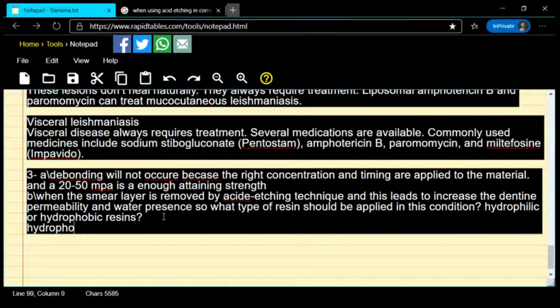Hydrophobic resins should be used to prevent water from getting to the pulp.